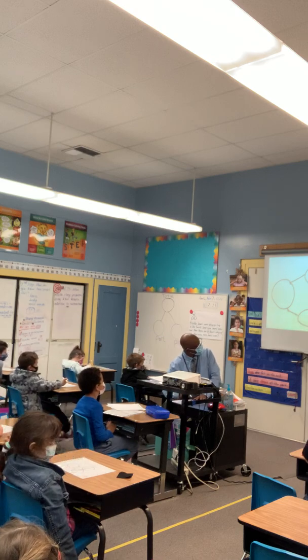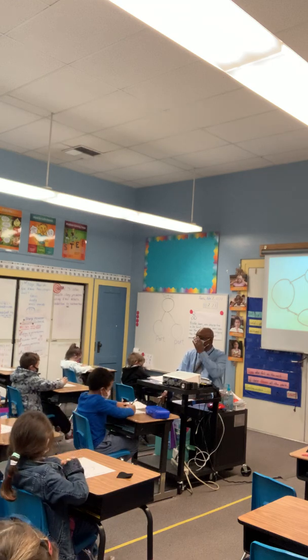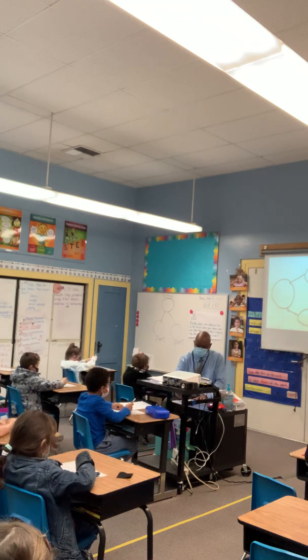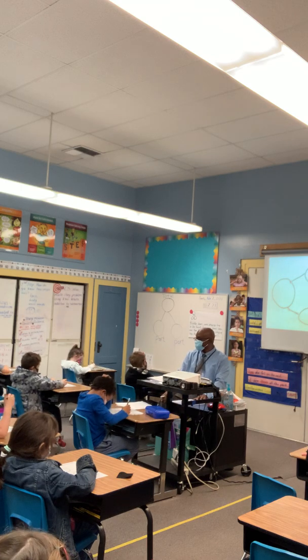Okay, can you see that? Okay, so we have 4 here, so let's put our 4 inside of the number bond, right above the circles that we have. Everybody have that?